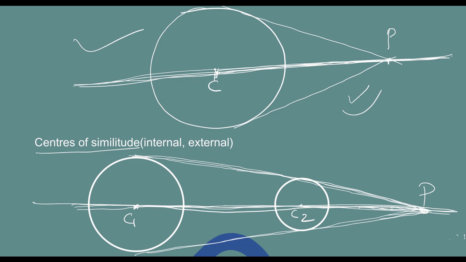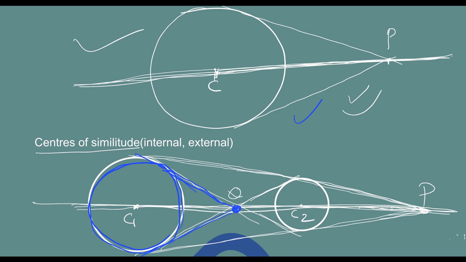Similarly, I want you to observe that if I go for transverse common tangents, they are also going to intersect on the line joining the centers. You can see that if I take only this part of the diagram with the big circle, I observe that this part is looking like this only, symmetric about C1Q.